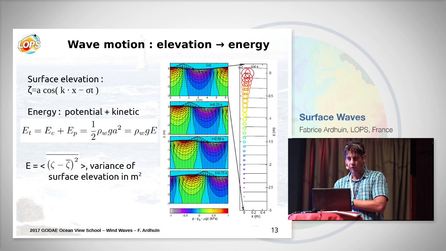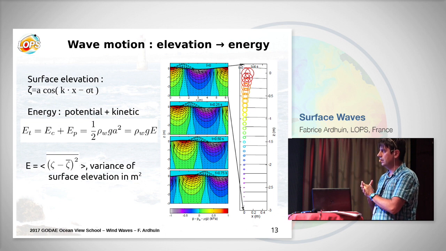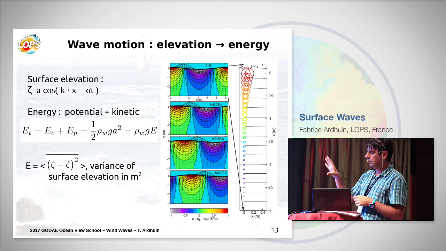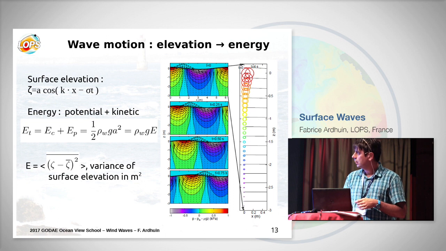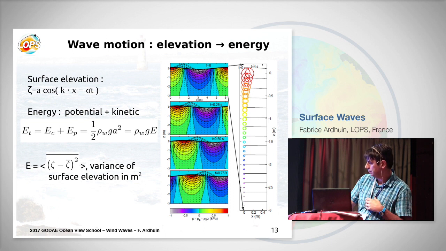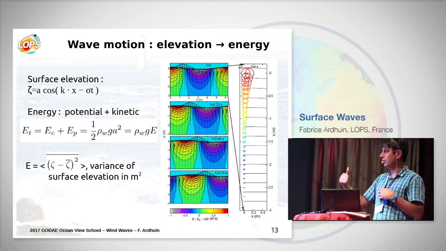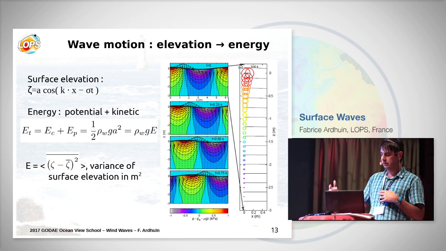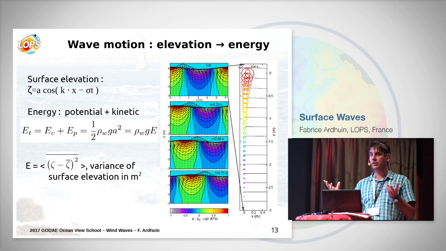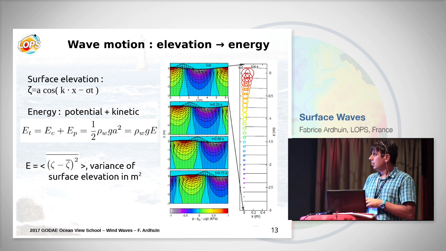Okay, a few things about wave motion and the relationship between the energy and the elevation. This is a case showing in color the non-hydrostatic pressure. If you take the pressure and remove the hydrostatic pressure, you get this pressure difference. So waves are not hydrostatic in general.